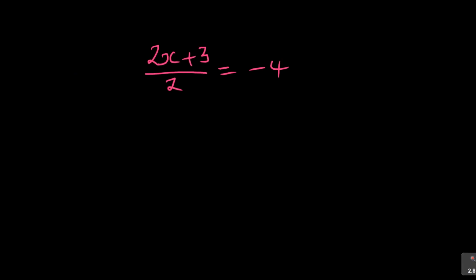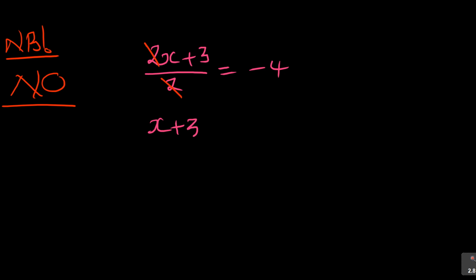It's not complicated. Now, careful. NB. Be careful. I'm making it in red. NB. Don't do this. And then after that, you're saying x plus 3 equal to minus 4. That's dangerous. Very dangerous of you.